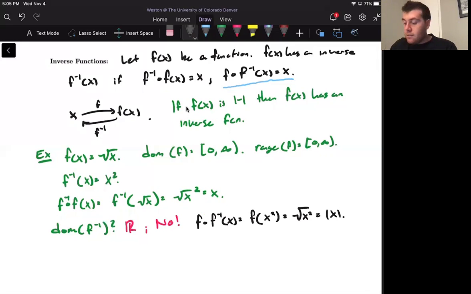And so what we got back was the absolute value of x, where we were really supposed to get x back. So we can't have that.